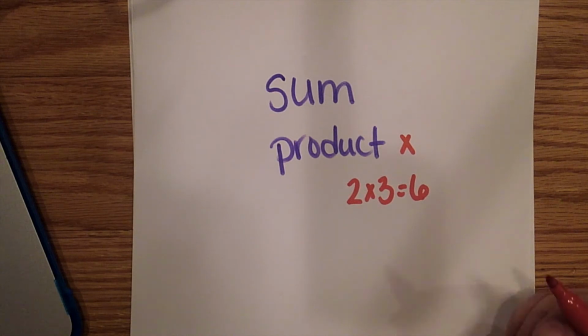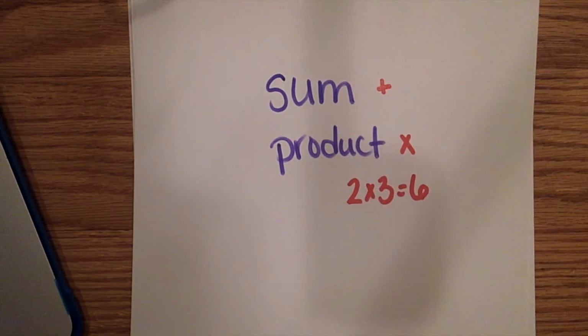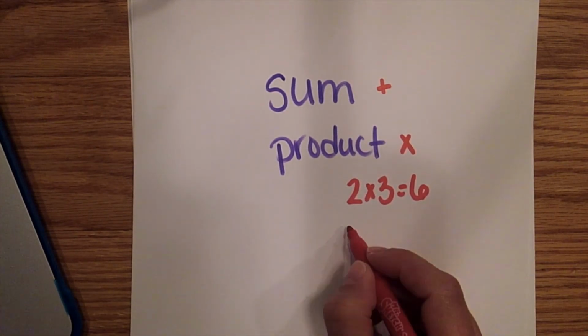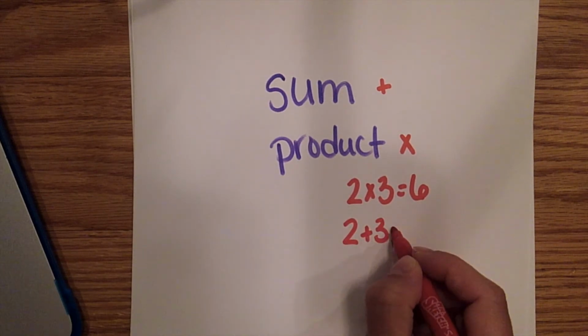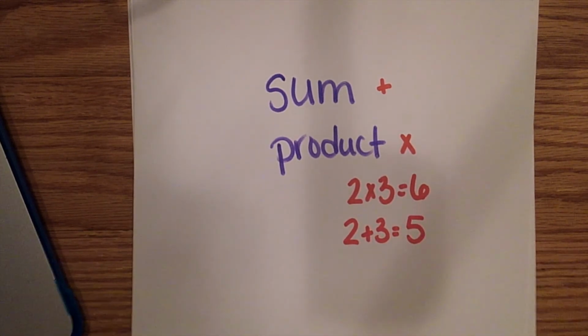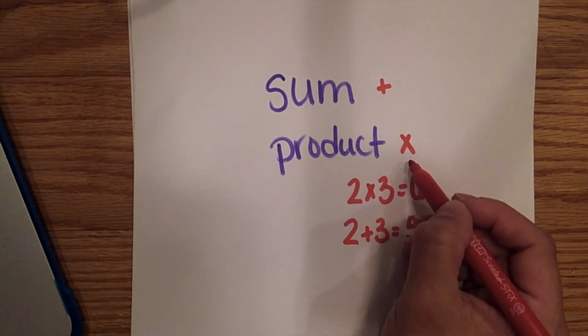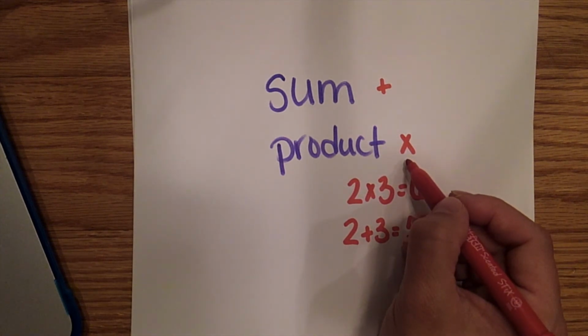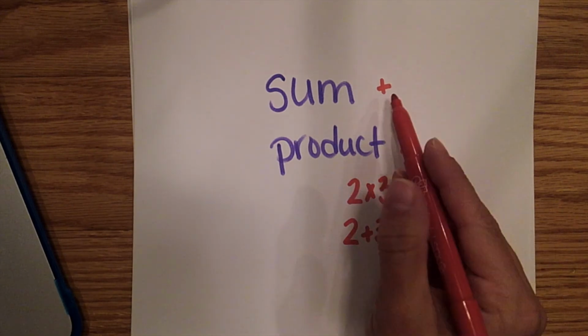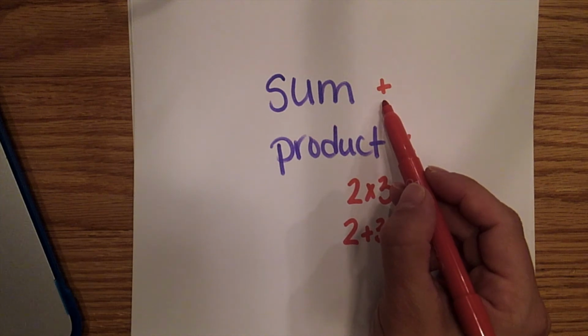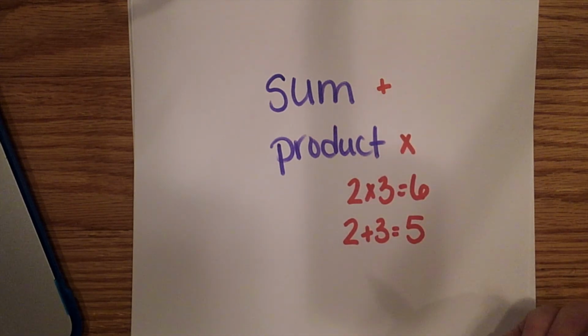But then you could also say, what is the sum of 2 and 3? Well, that's 2 plus 3, which is 5. You could say, now think of the product of 3 and 4. Product is multiplication, so that's 3 times 4. They should call out 12. You could also say, what is the sum of 3 and 4? That's 3 plus 4, and they should call out the answer is 7.